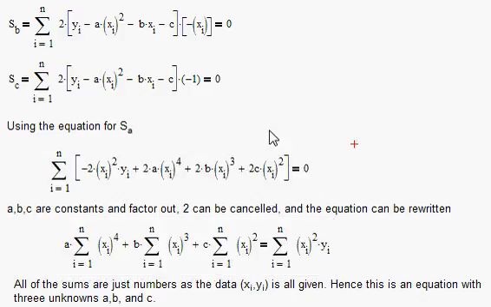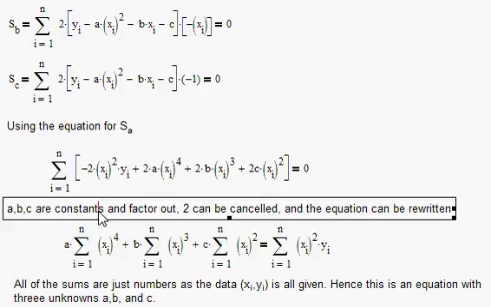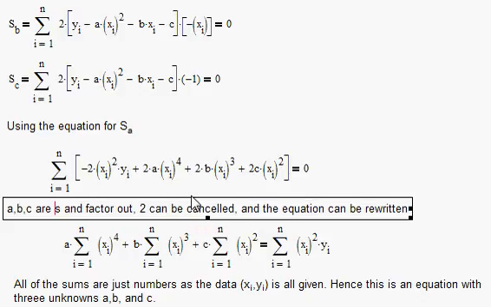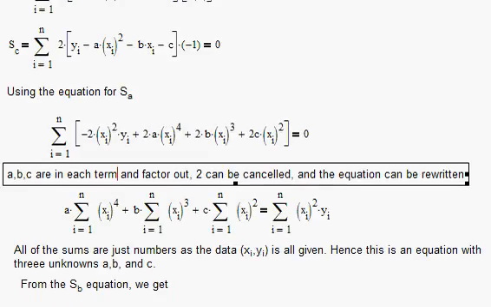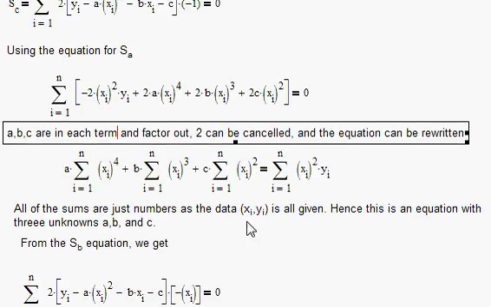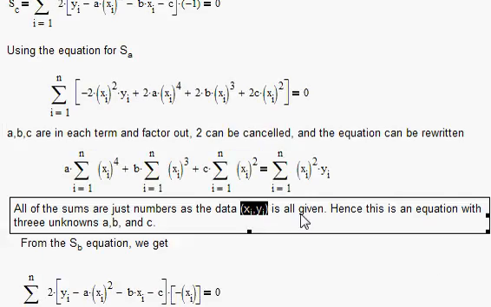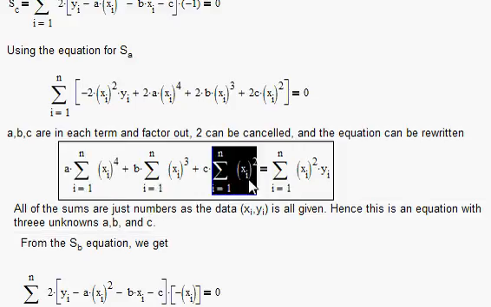In each term, a, b, and c can be factored out, and the 2 can be canceled, and you can figure out how that goes. All the sums are just numbers, as the data x i is all given. So all these summations are numbers.